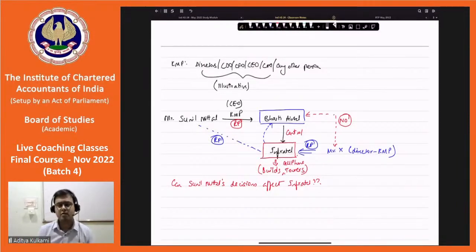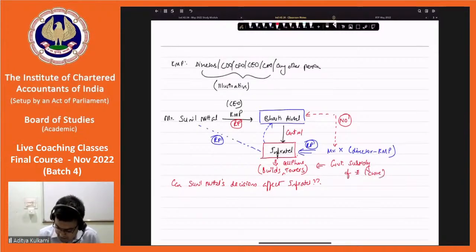For each tower that Infratel builds in backward areas, Infratel will get a government subsidy of rupees 1 crore. I'm just making the case simple for you to understand.